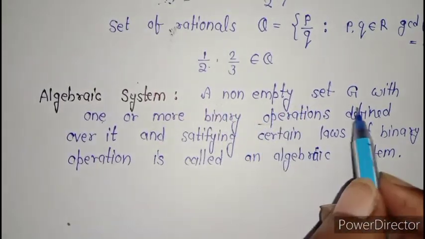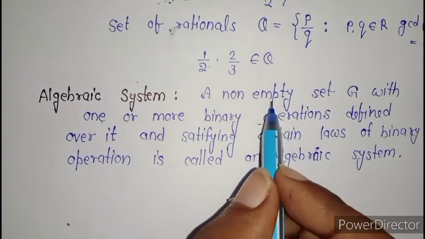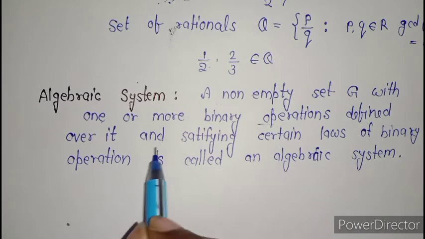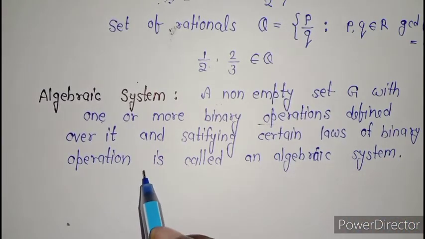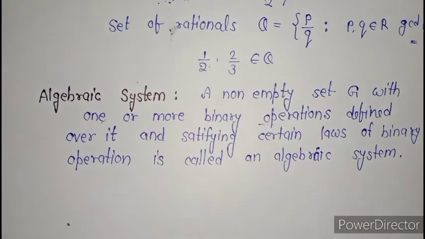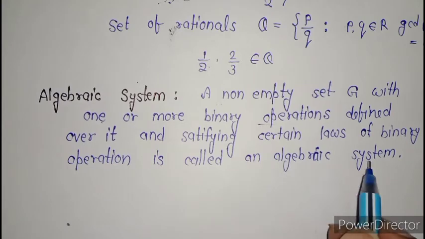So you have a non-empty set G with some binary operations defined over that set, and they satisfy some conditions of binary operation within the same set, that is, the given set. This type of system is called an algebraic system.